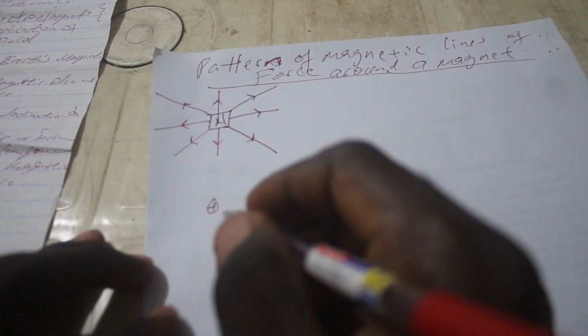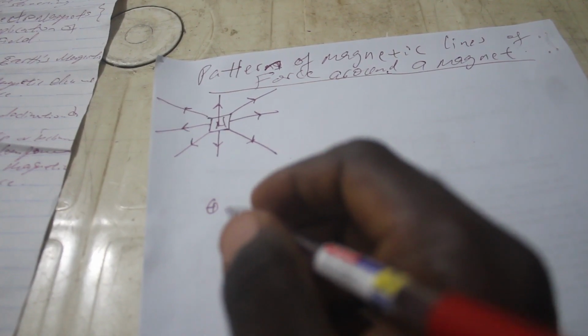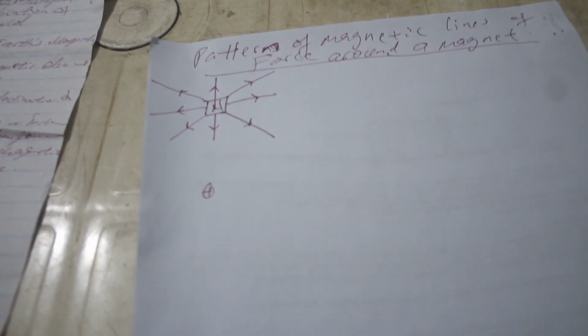And just like in a positive charge, the electric lines of force around a positive charge are such that they also go out as well.